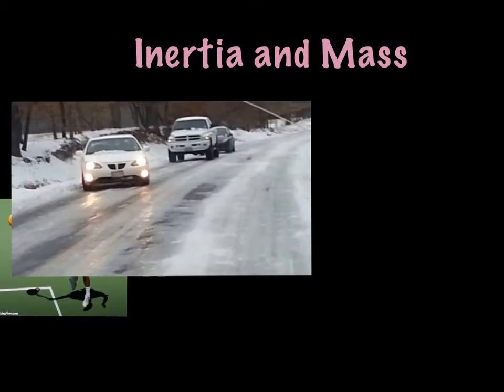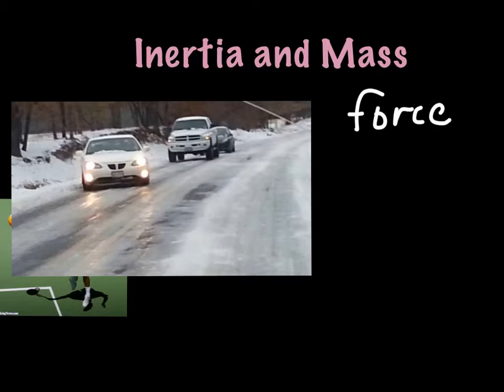Now next, in part 3, we're going to talk about something called inertia and mass. We'll start with letter A. When an object is moving, it will continue to move in that direction until something exerts a force in the opposite direction and stops the object.